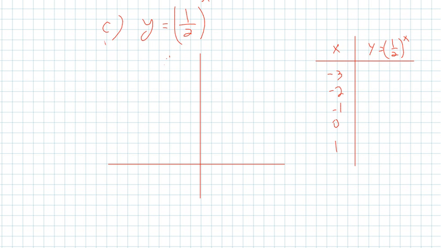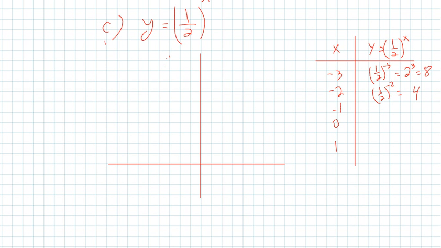If I have 1/2 to the power of -3, flip the base, 2 to the power of 3 gives me 8. Flipping the base gives me 2 over 1, positive exponent now, so 2 to the power of 3 is 8. If I have 1/2 to the power of -2, what do I get? 4. Again, flip the base, 2 to the power of 2 is 4.